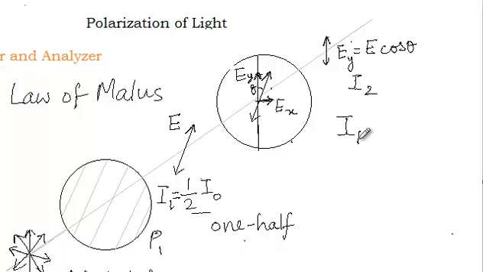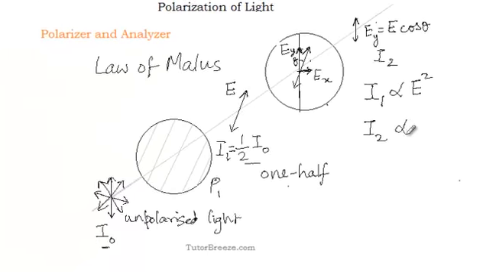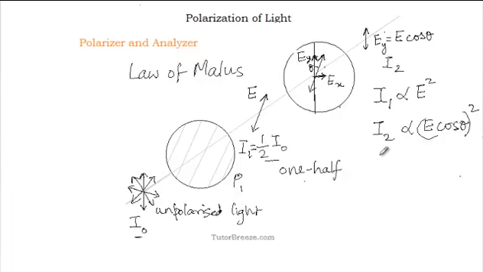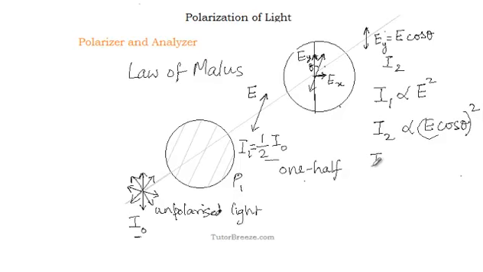So I1 is proportional to E square and I2 is proportional to E cos theta squared. So I2 over I1 is equal to cos square theta.